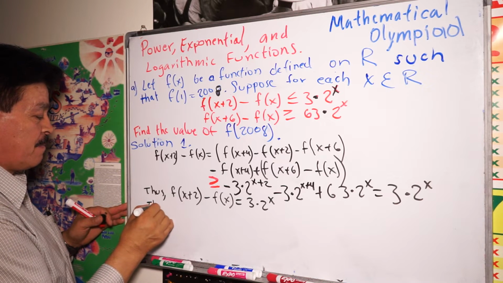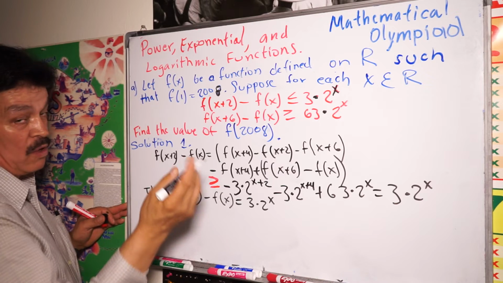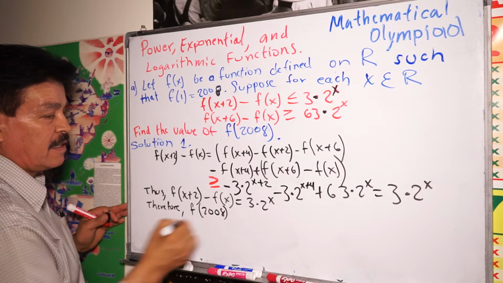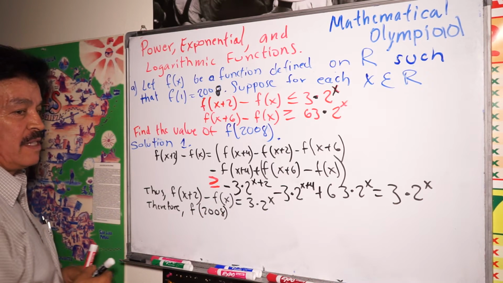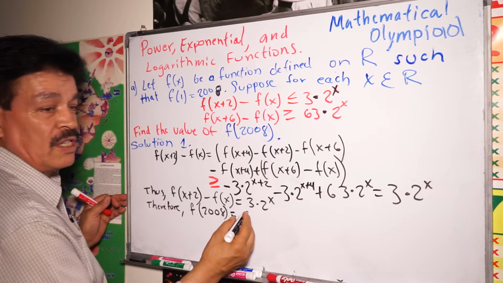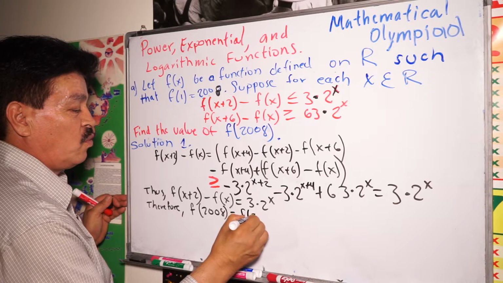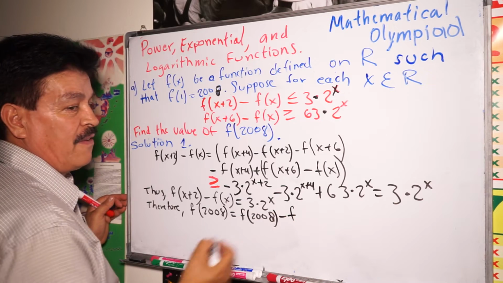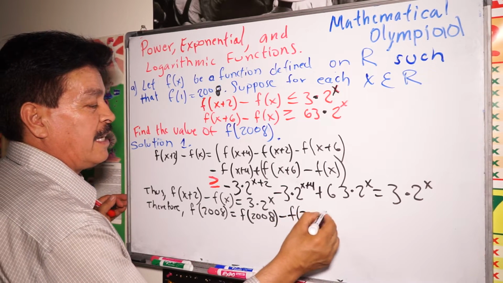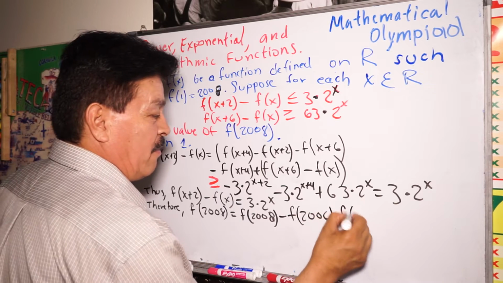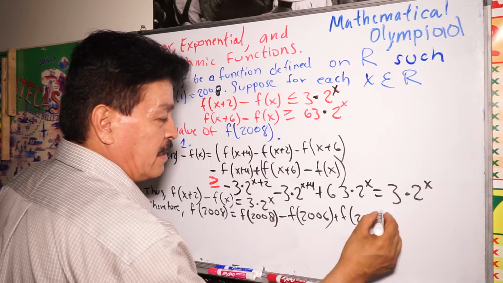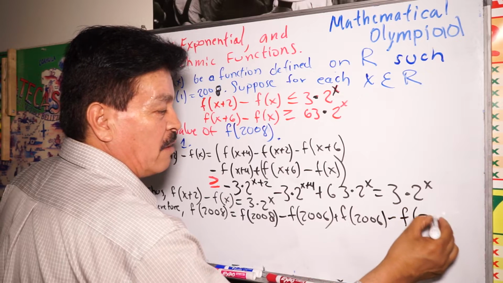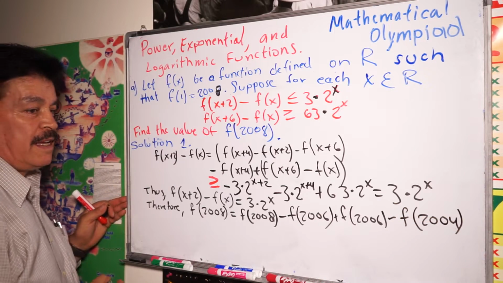Therefore, in conclusion, f(2008) equals f(2008) minus f(2006) plus f(2006), see, minus and plus, and then minus f(2004).